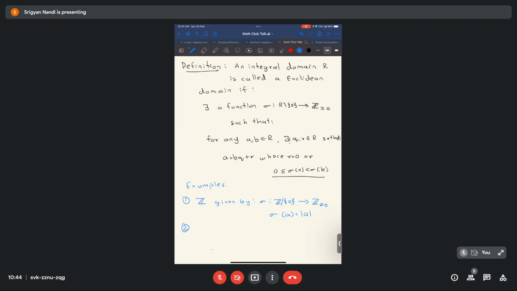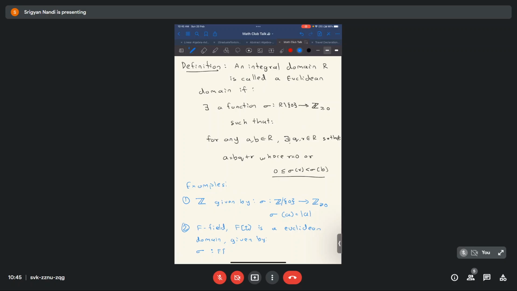Secondly, where else have we seen the division algorithm? We've seen the algorithm in polynomials over a field. So if F is a field, F[t] is also a Euclidean domain. This is again very obvious from the standard way in which we do the division algorithm in polynomials over a field.